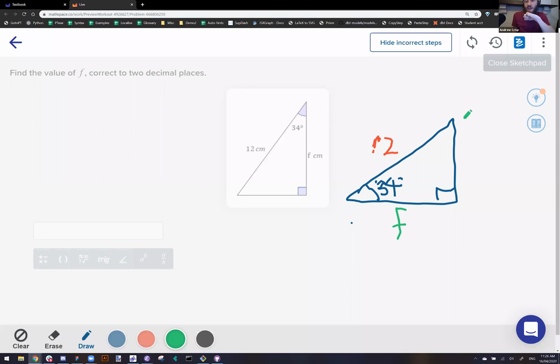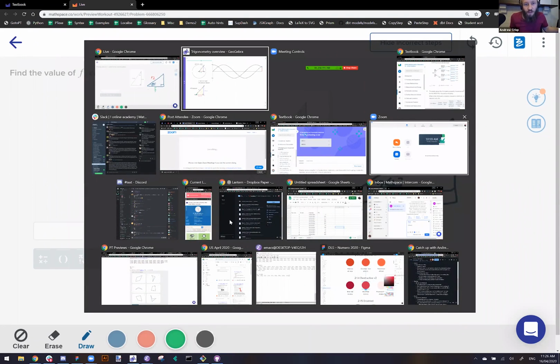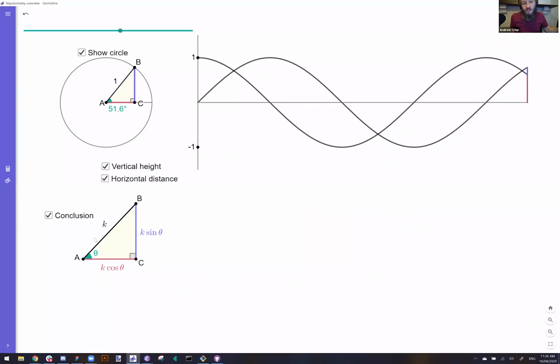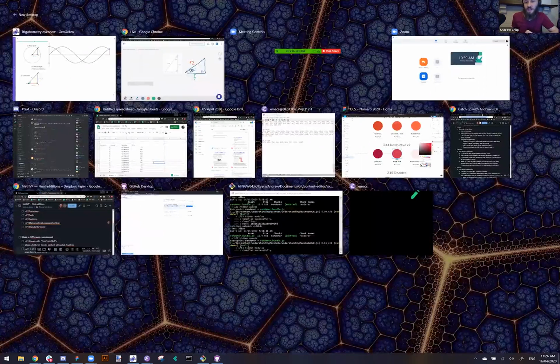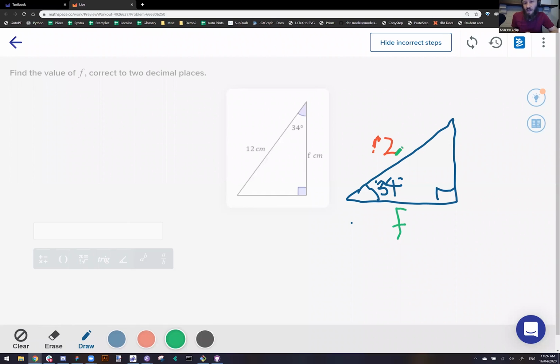Okay. So remember that picture that I had for you before? This conclusion picture. K, theta, and K cos theta. Well, let's map that across here. 12 is K. 34 is theta.